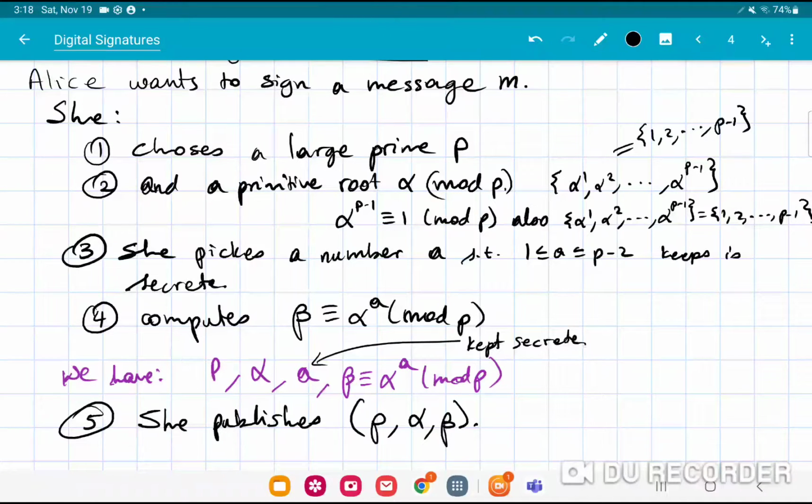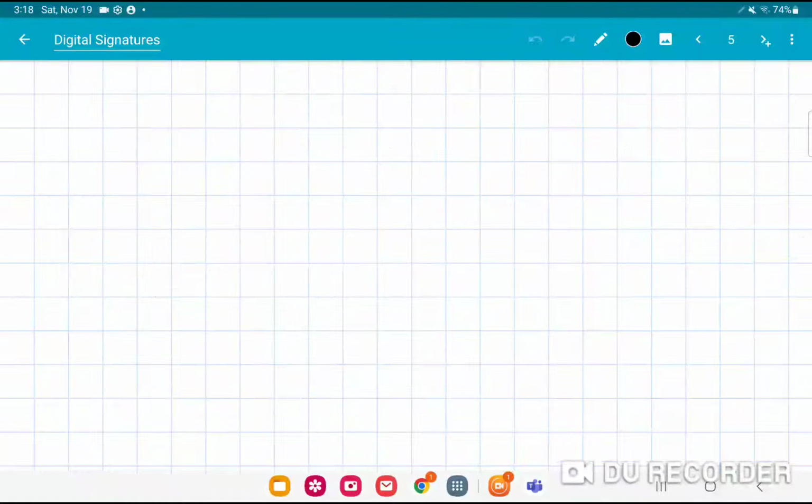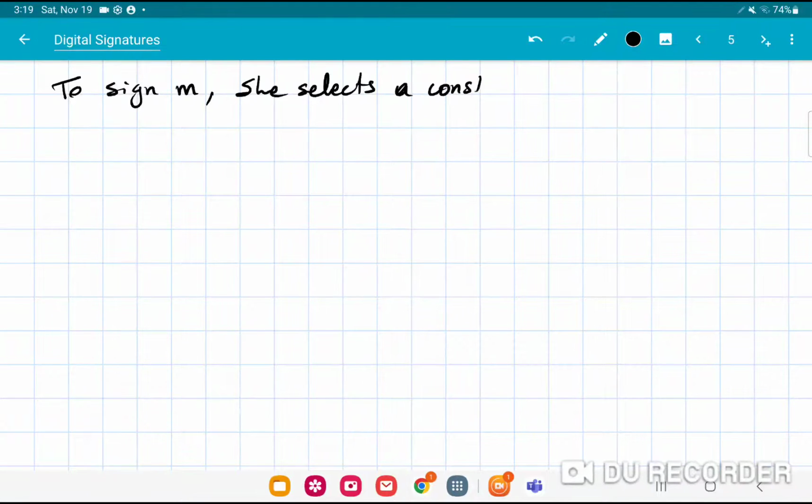Now to do the signature on the message M, she selects a secret constant k such that the GCD of k and P minus 1 is 1. We want k to be relatively prime to P minus 1.